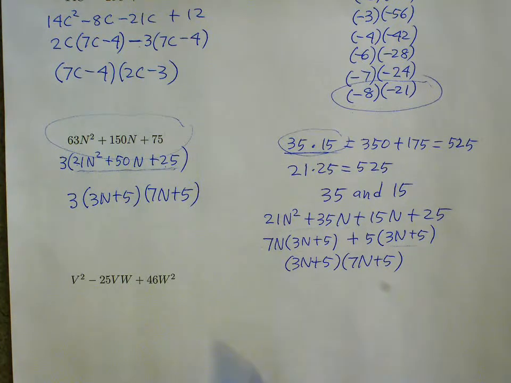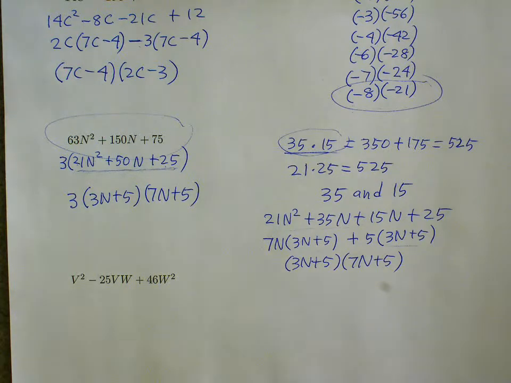All right, well, that worked out pretty nicely. Let's try the next one, v to the second minus 25vw plus 46w to the second. The greatest common factor is 1. So even though we have two variables, v and w, we can still apply the AC method.